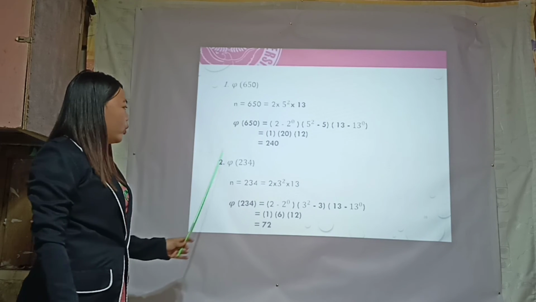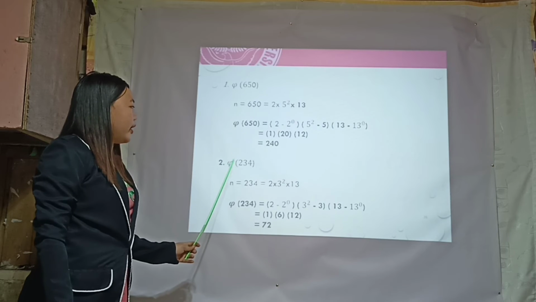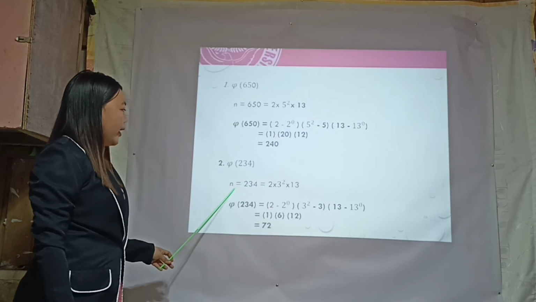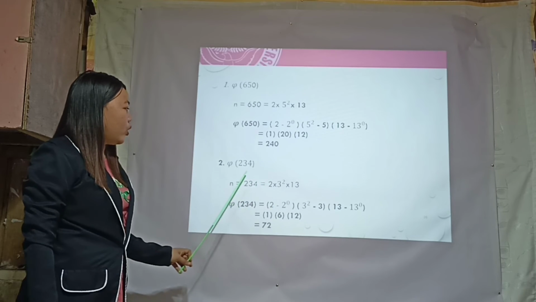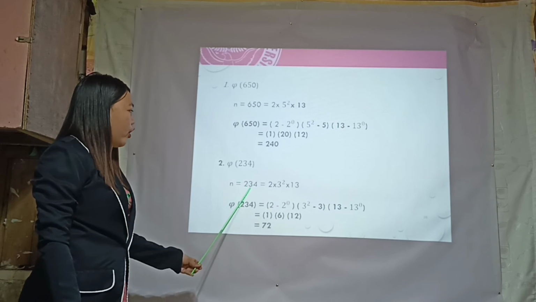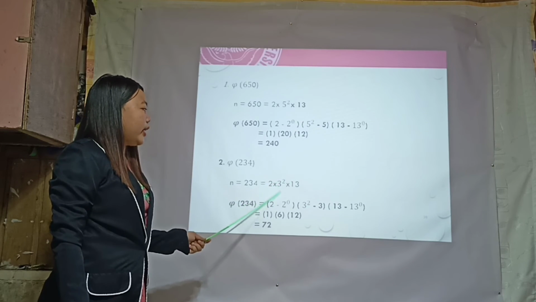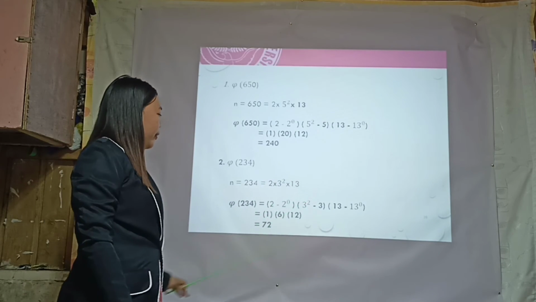So next, number 2, φ(234). So n is equal to 234, which is 2 times 3² times 13.